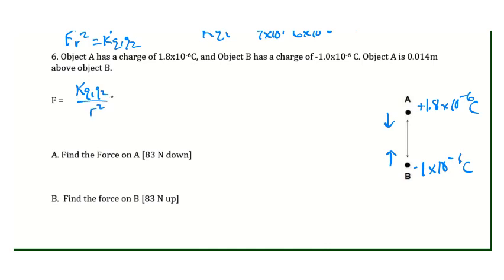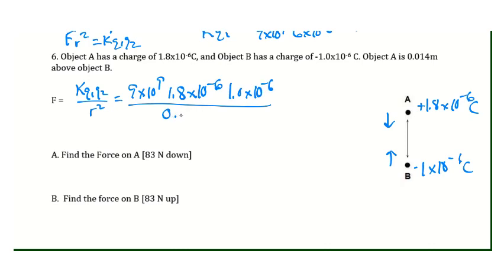So we're going to plug this into Coulomb's law. I'm going to write Coulomb's law here, just to be a matter of plugging it in. So the Coulomb's constant, still 9 times 10 to the 9. Charge 1 is going to be 1.8. Charge B is 1 times 10 to the negative 6, all over 0.014.